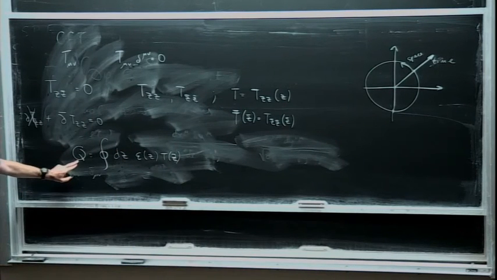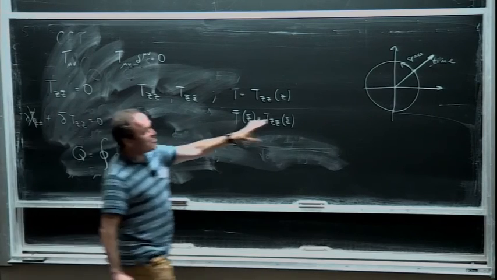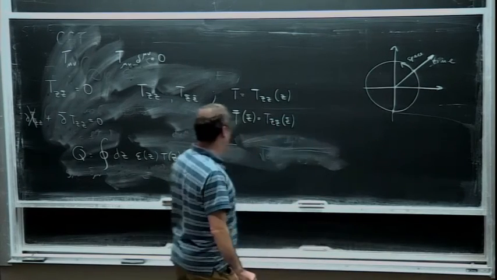OK, but so this Q is a conserved charge. Conserved means it takes the same value no matter how big my circle is, no matter what my time is. dQ/dr, r is the radius of this circle, is zero.